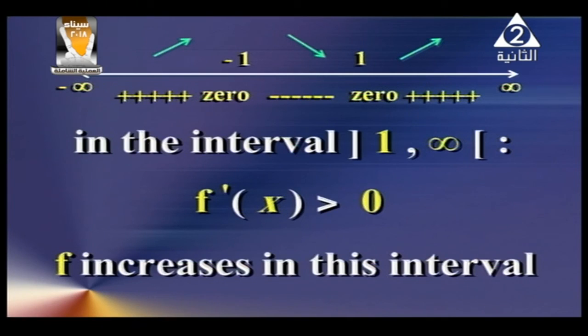The third interval, from 1 to infinity: if we take any point belonging to it, such as 2, 3, 4 and so on, and find f' of this point, we find it is more than 0, positive, so the behavior of the function is increasing in this interval.